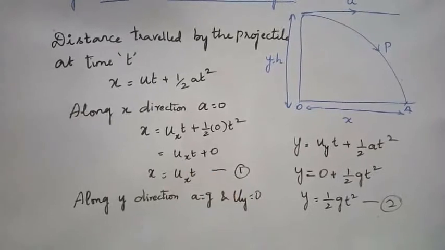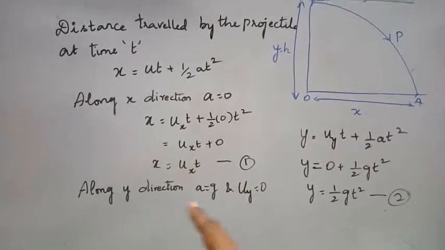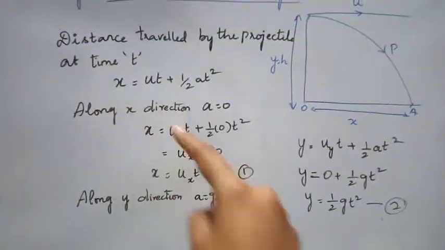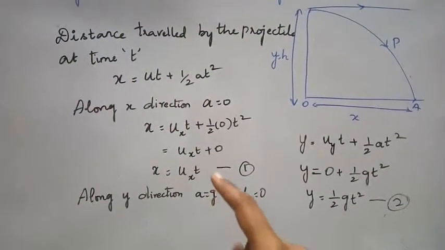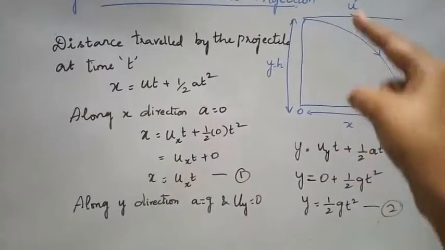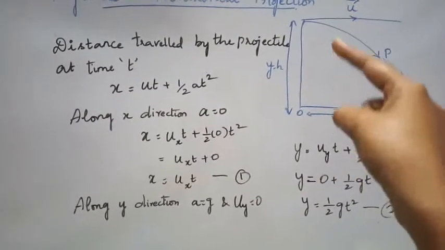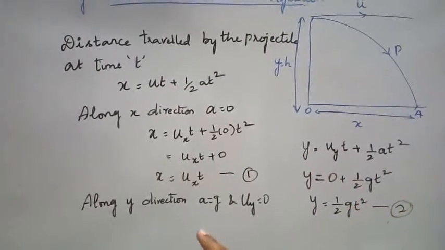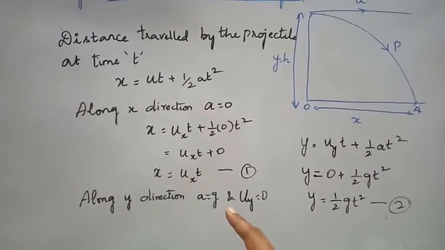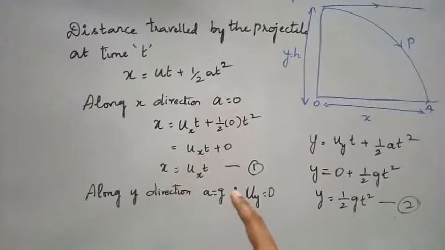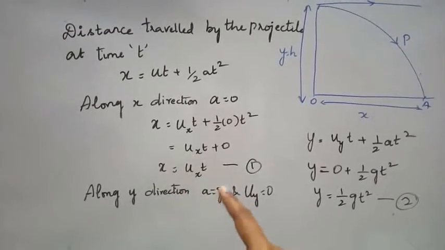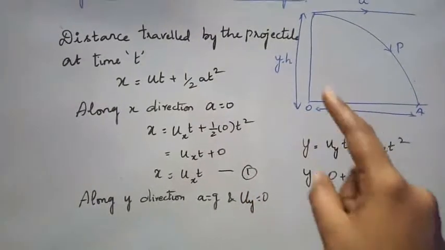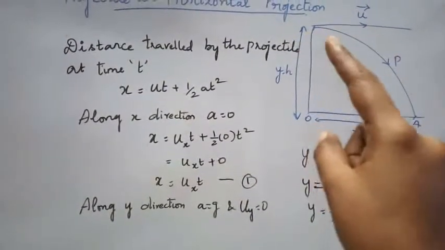Next, displacement along the y direction. For y direction, in place of a we have the acceleration due to gravity, because when the object moves downwards there is always the acceleration due to gravity, given by the symbol g. So instead of a, you write g. And there is no initial velocity along y, because the initial velocity is only along the x direction.